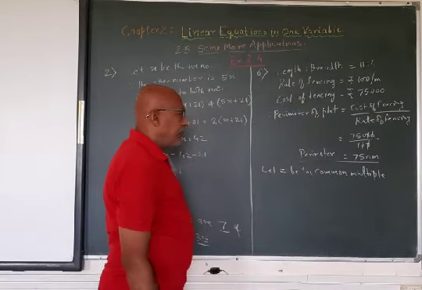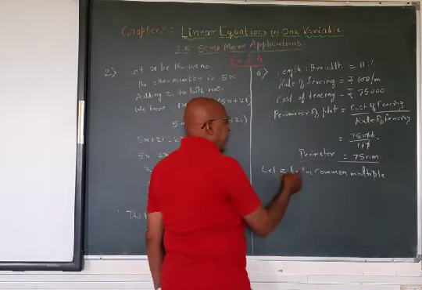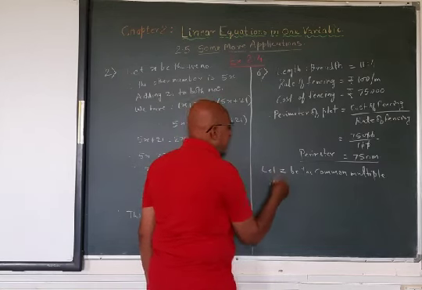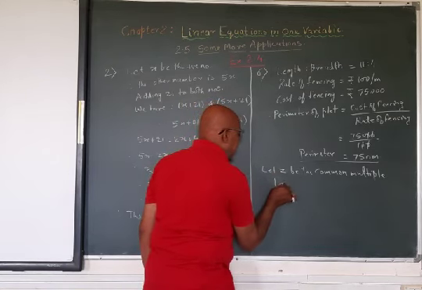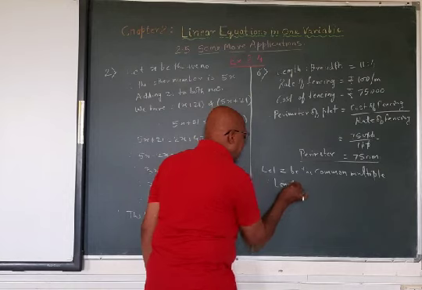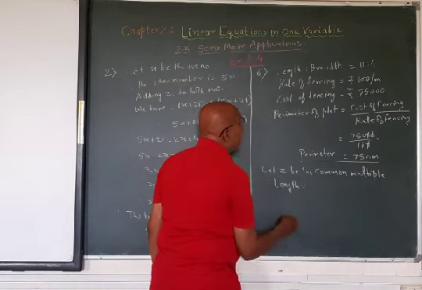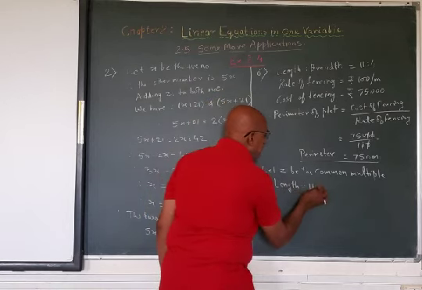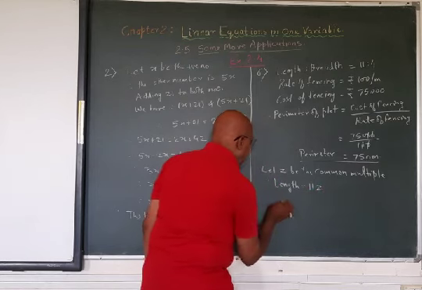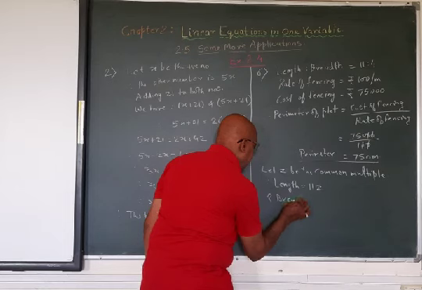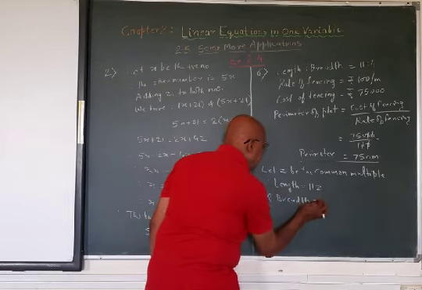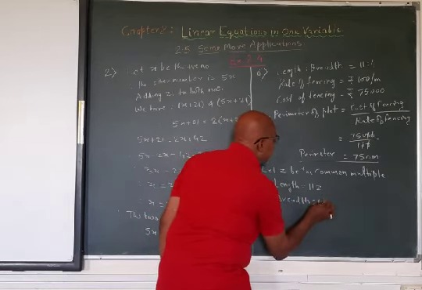Let z be the common multiple. Now, as z is the common multiple, what will be the length? Therefore, length equal to 11z and breadth equal to 4z.